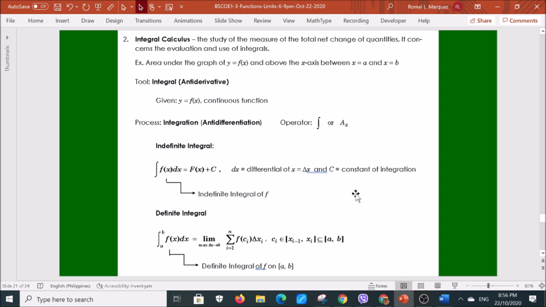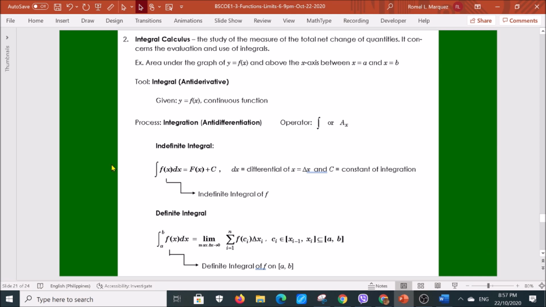While for the definite integral, after computation, you will come up with a specific value. It's like in the derivative. If there is no particular value, you will get a function after getting the derivative. But if you specify a specific value of x, you will come up with a number also, a specific value or slope.